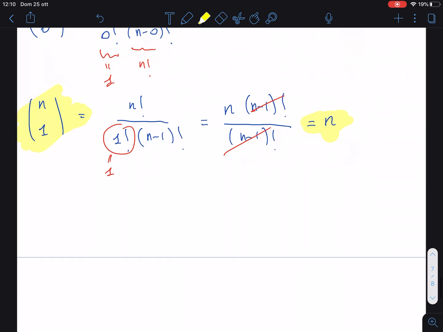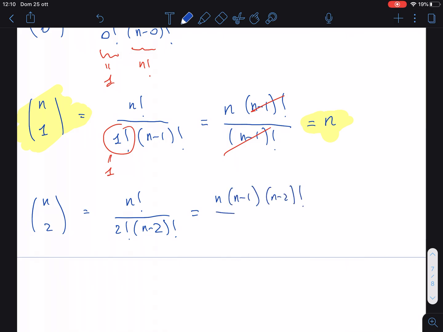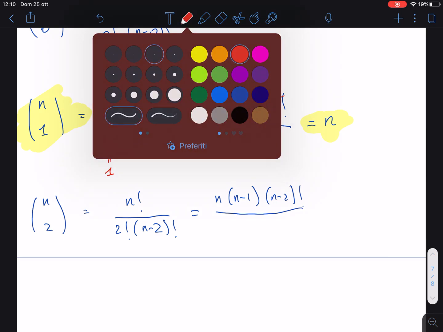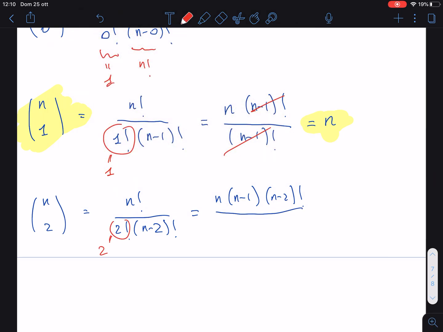And then you can also do some other computations. For instance, (n choose 2) is n factorial divided by 2 factorial, n minus 2 factorial. So you have n, n minus 1, n minus 2 factorial. Here you have that 2 factorial, of course, is 2 by 1, so this is equal to 2.